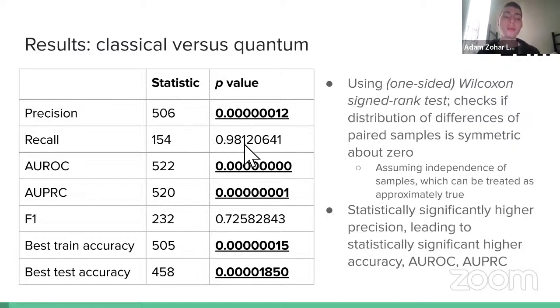The recall of the classical models was not statistically significantly better. In fact, the statistics indicate that the quantum models had a lower recall but a significantly higher precision, which in turn led to significantly better AUROC and AUPRC, but not statistically significantly higher F1.